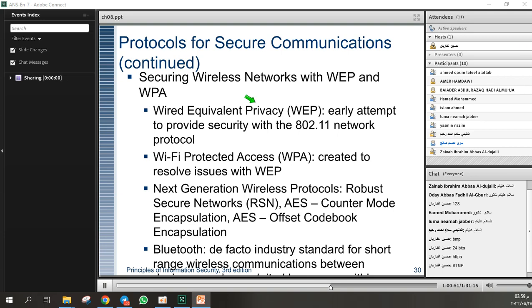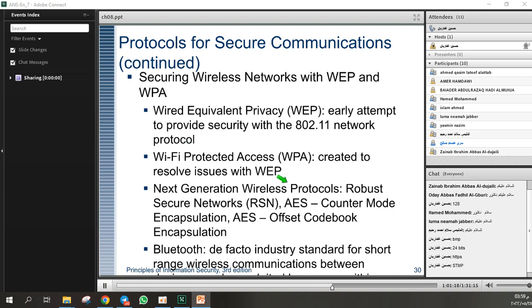In wireless networks, especially in Wi-Fi, IEEE 802.11, we are using an equivalent protocol. We call it WEP. It tries to prepare a similar platform for authentication and authorization.